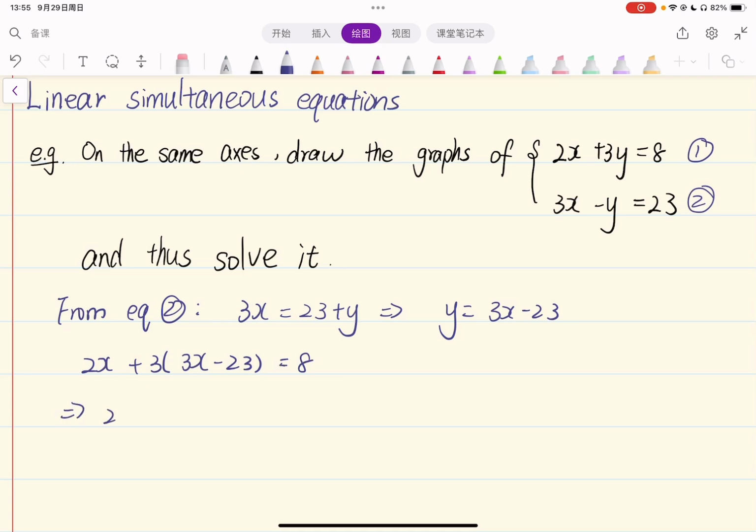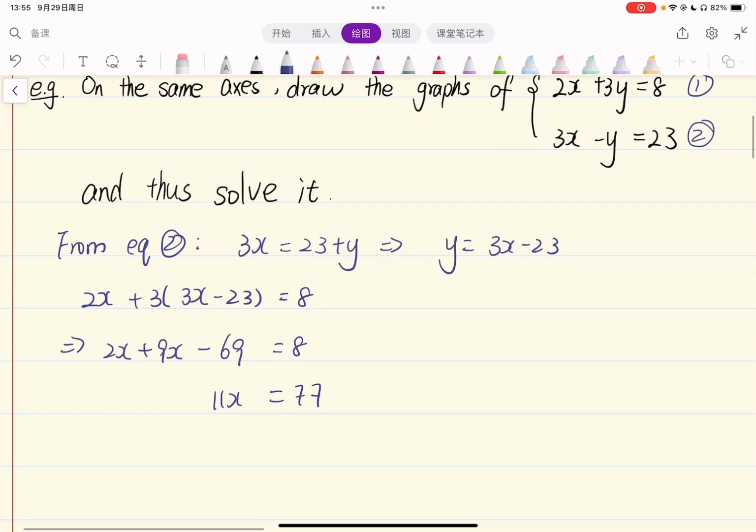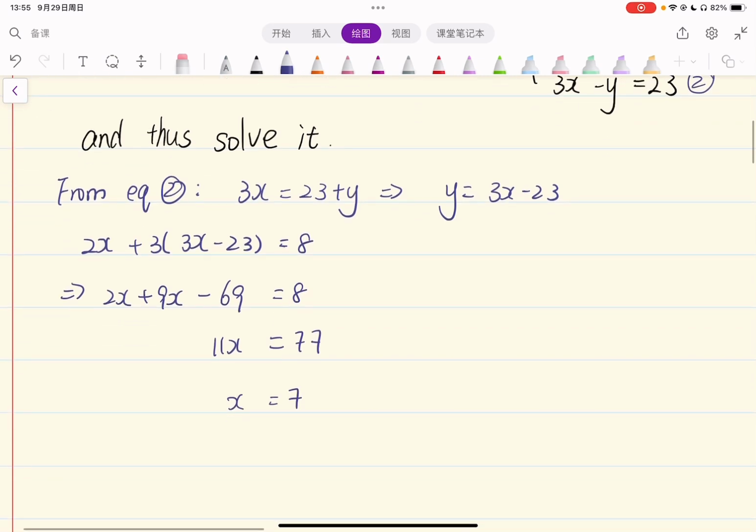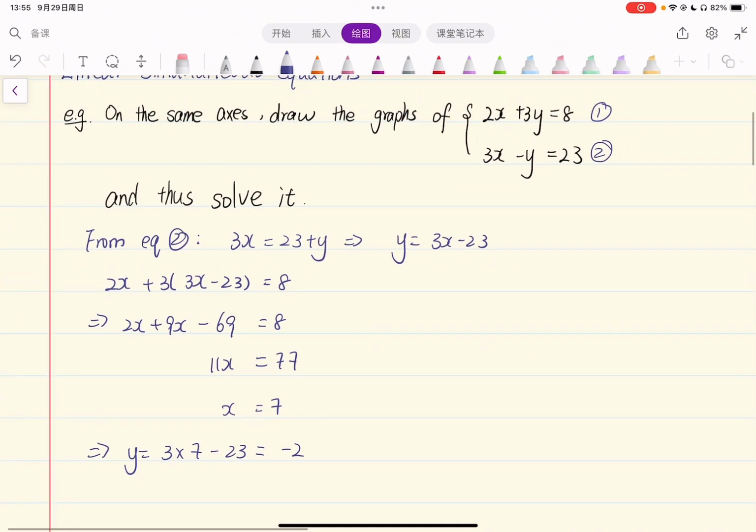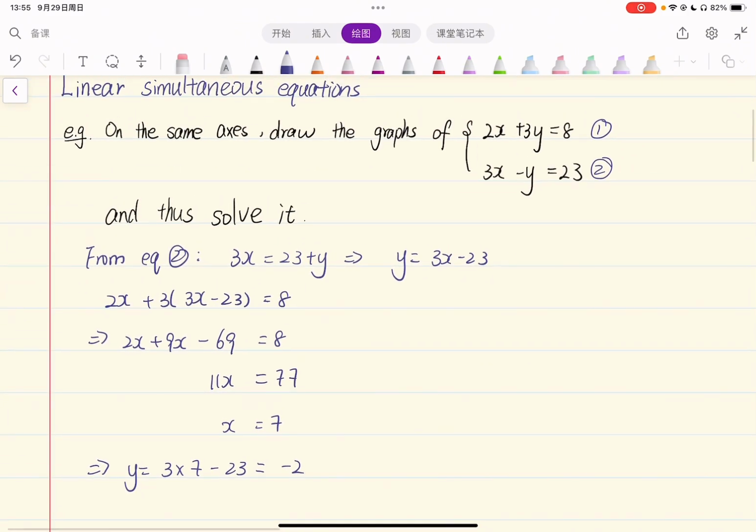Then we have 2x plus 9x minus 69 equals 8, so 11x equals 77. So we have x equals 7. Thus, y equals 3 times 7 minus 23, that is minus 2. So if we don't use a graph, that is the process we need to do to solve the simultaneous equations.